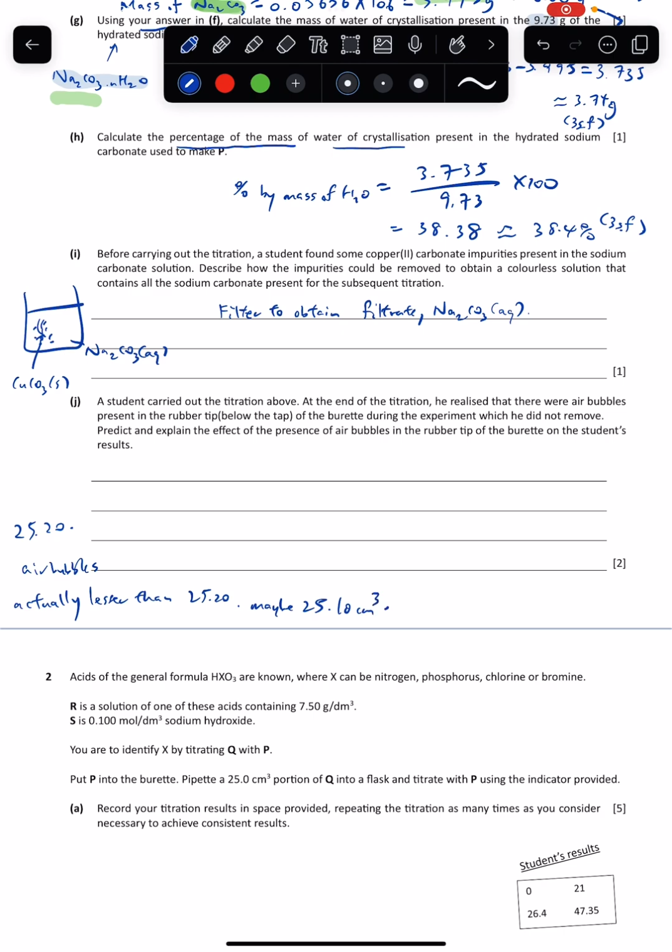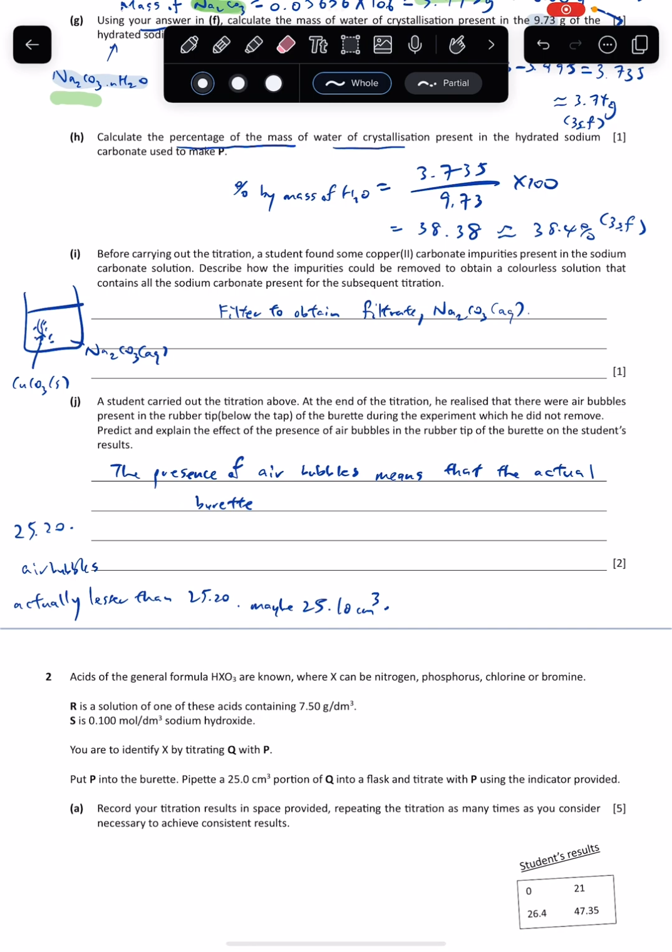So you tell them the presence of air bubble means that the actual reading on burette is lesser than what we read.